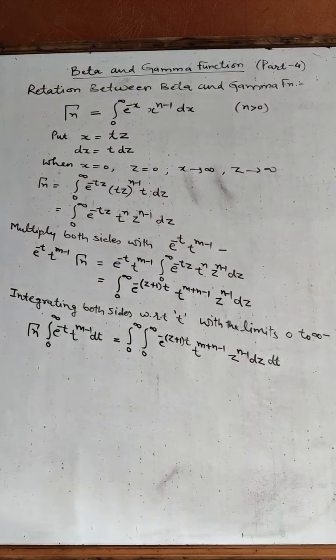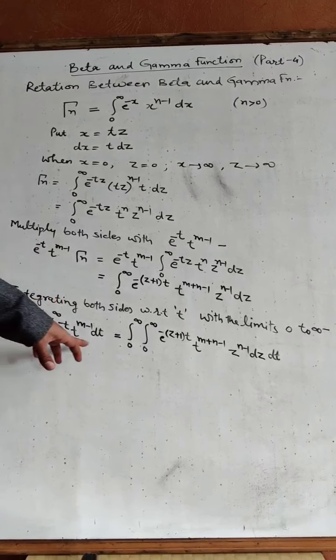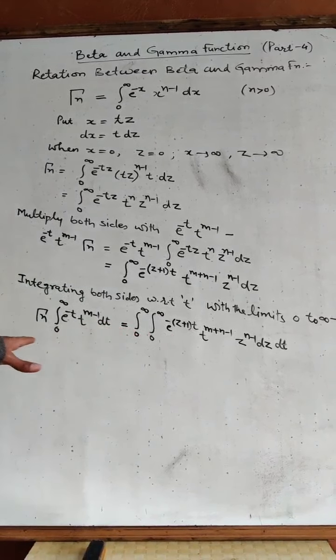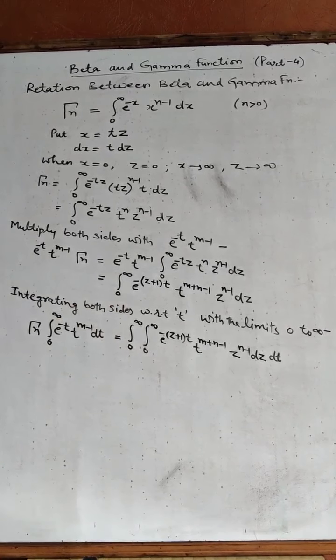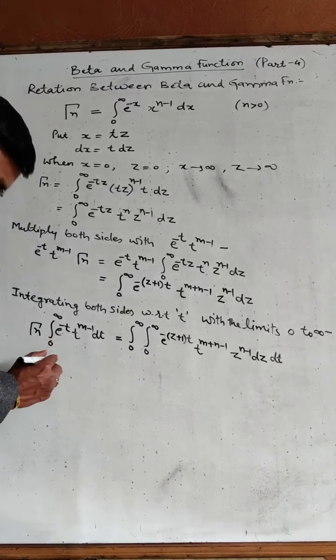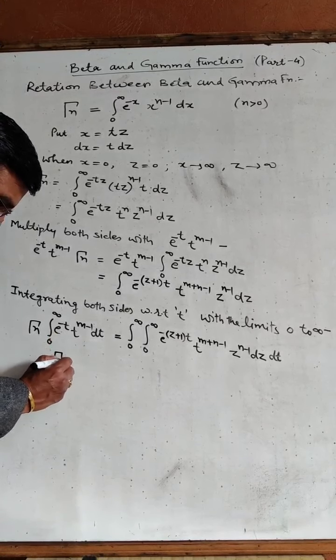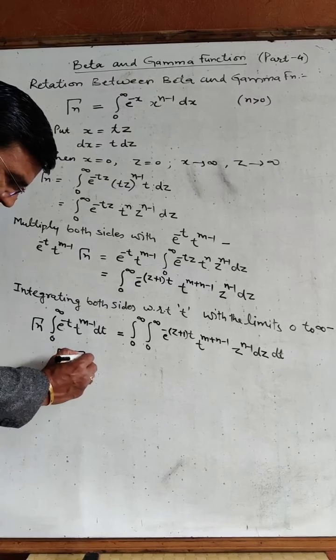So again look, we have integrated with respect to t on both sides with the limit 0 to infinity. Now this is again gamma of m, so we can write, we already have gamma of n, and from the definition this would be gamma of m.